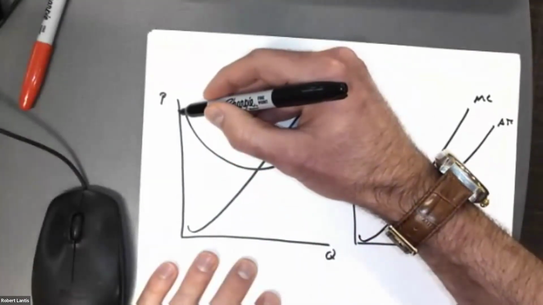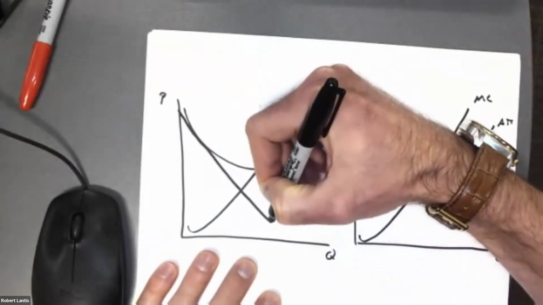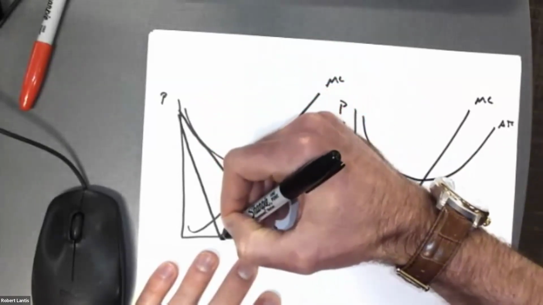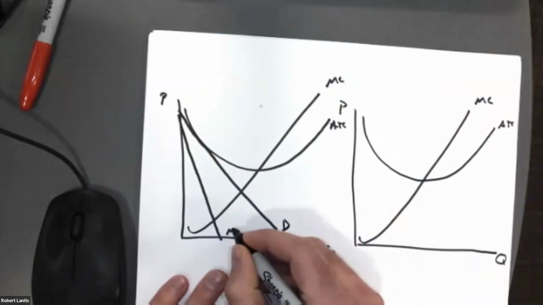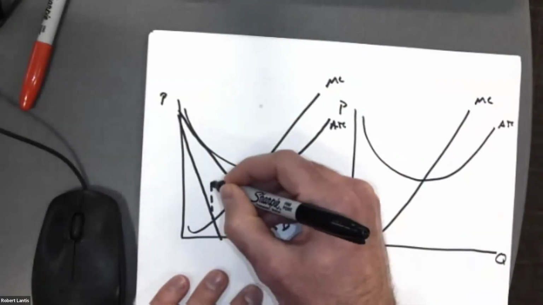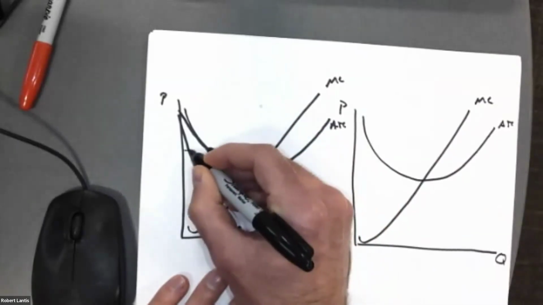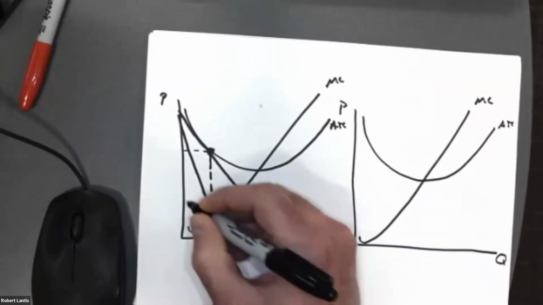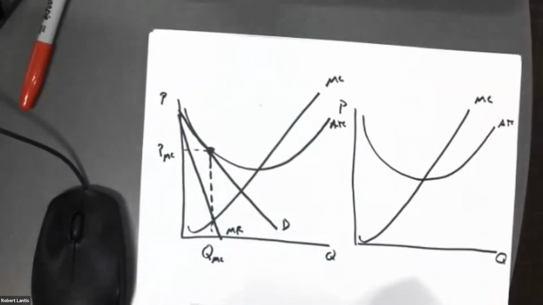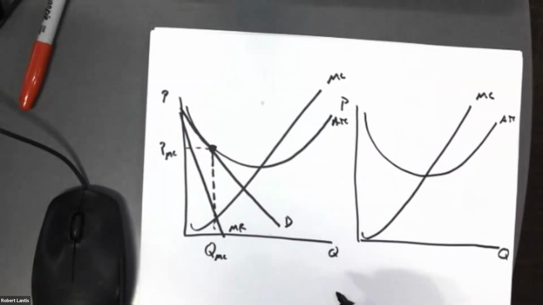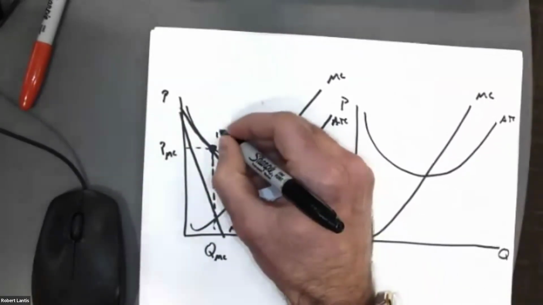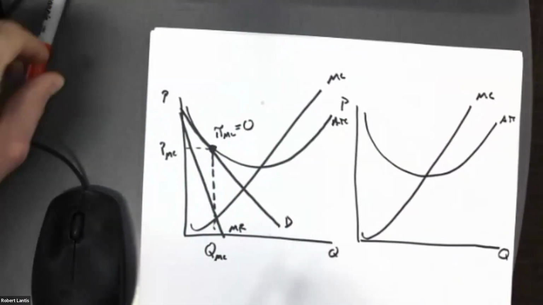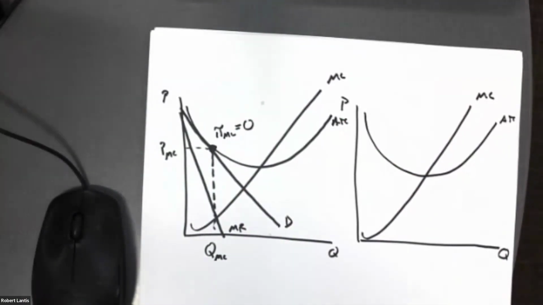So here, I'm going to draw an example, and I'll try to draw it to scale. You can see price is exactly equal to average total cost at the quantity that the monopolistically competitive market would choose. So if that's the case, profits of these monopolistically competitive markets are equal to zero, right? But what price would result if we had a perfectly competitive market?